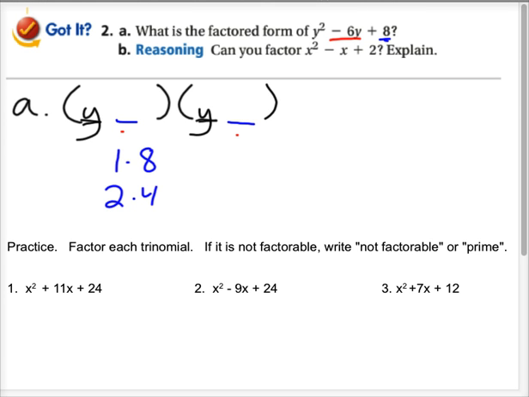So the only way that this is happening, I now know in order for these to add to be negative, I know I'm talking about two negative numbers. That is how I can still multiply to be positive. All right, and now which of these add to -6? Well, the -2 and the -4.